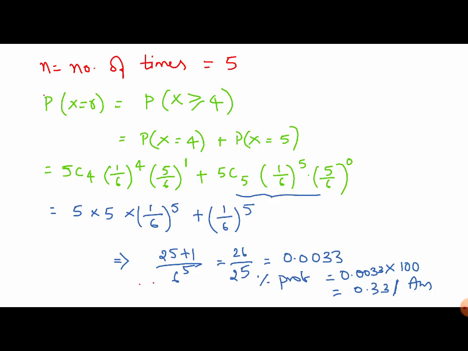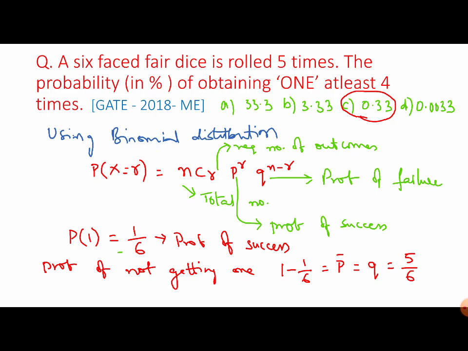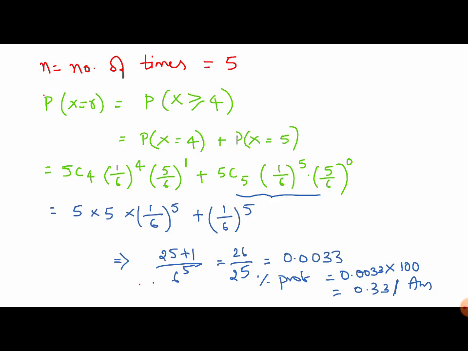So probability of x at R is equal to probability of x greater than or equal to 4. Substituting the values, you get it as 0.0033. Computing probability in percentage, multiplying by 100, we get 0.33 as the answer. C is the answer.